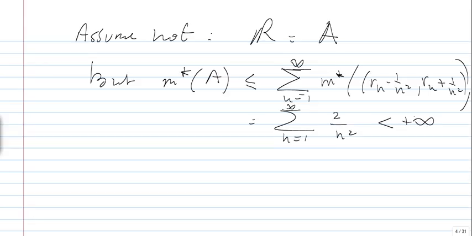And this is our contradiction because we know that the outer measure of R is infinite.